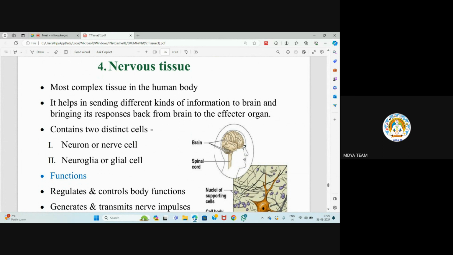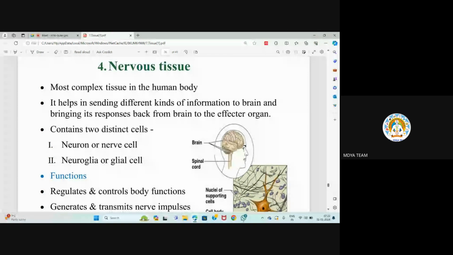It will not receive that it is a mosquito, it will receive that something painful is happening, right? So that sensory nerve will conduct the information to our central nervous system. The central nervous system consists of the brain and spinal cord.